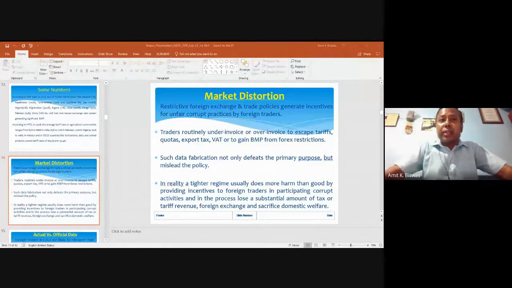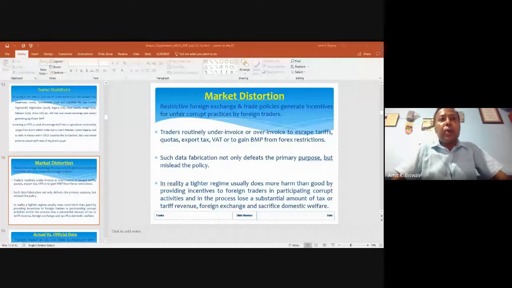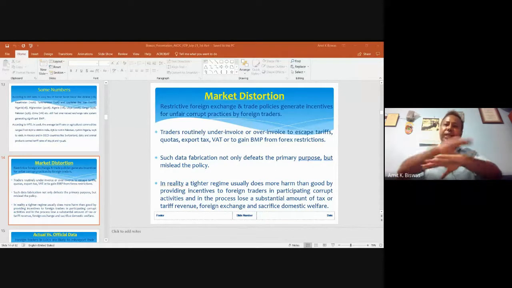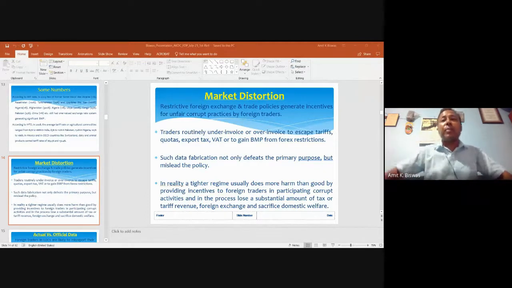Market distortions, you are not allowing competition. You are allowing the same yardstick for chalk and cheese. So how do you make a chalk look like a cheese? You are having tariffs, you are having quotas, you are having restrictions on the foreign exchange market, you are having restrictions on whether to invest in NASDAQ or whether to invest in the Bombay stock market.